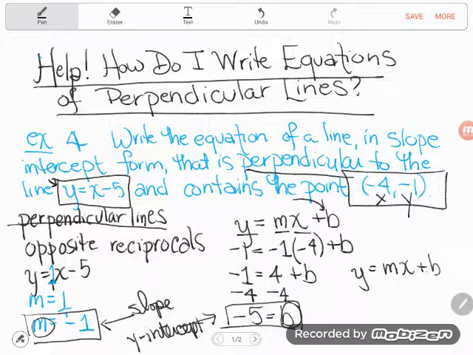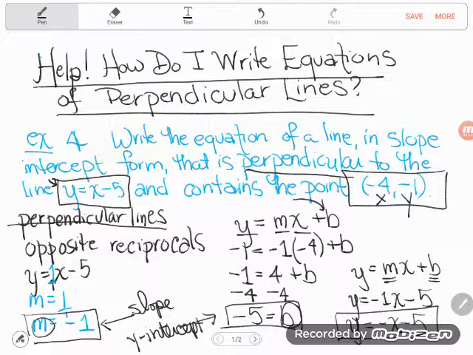But this time, all I'm going to plug in are my m and my b. That's what makes for a specific line. So y is equal to -1x plus b, so plus -5 is just the same as minus 5. And this, of course, is true, but not done, because mathematicians never leave a coefficient of 1. We're just too lazy, so I'm just going to call that y is equal to -x minus 5.